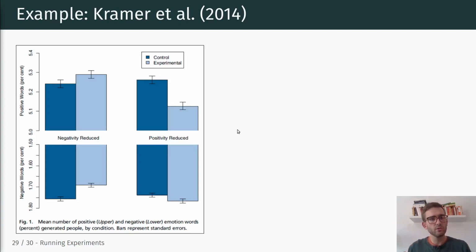So basically, one group had all negative posts removed, one group had all positive posts removed, and one group had the same number of random posts removed, essentially, right?